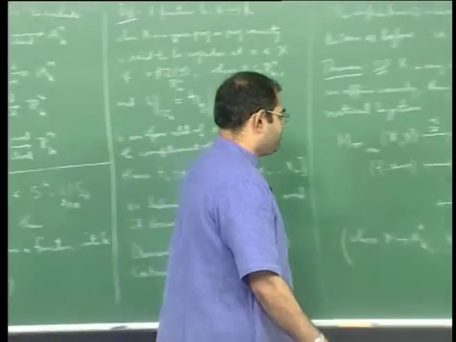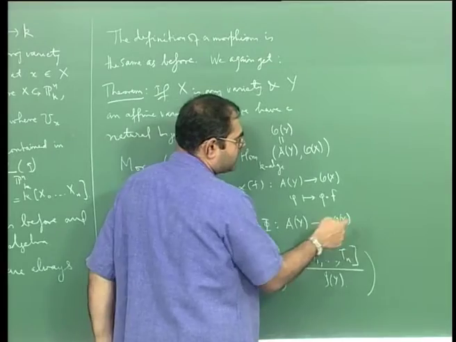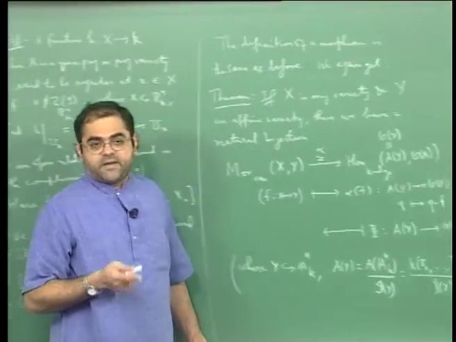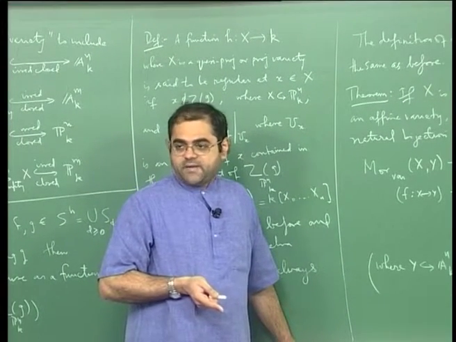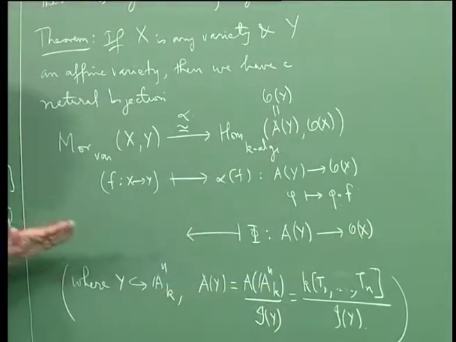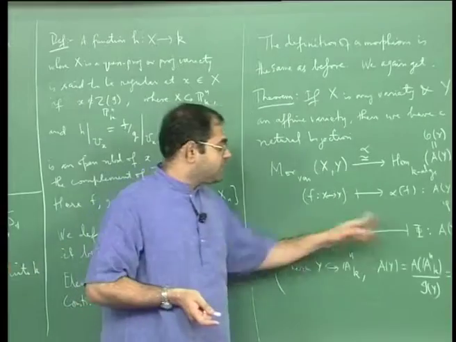Now each ti bar goes to a certain regular function on X, and we use this bunch of n regular functions on X to define a map from X to affine space, and show that this map is actually a morphism which factors through Y and for which alpha is phi.